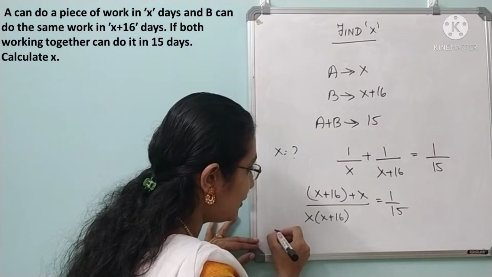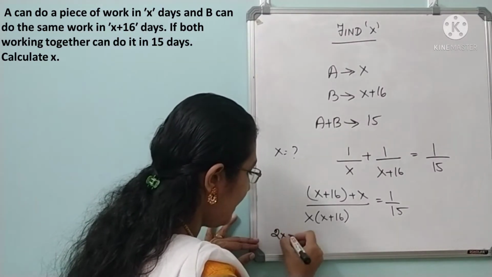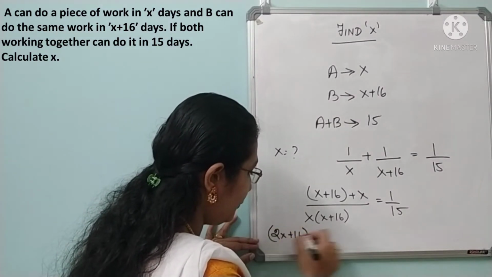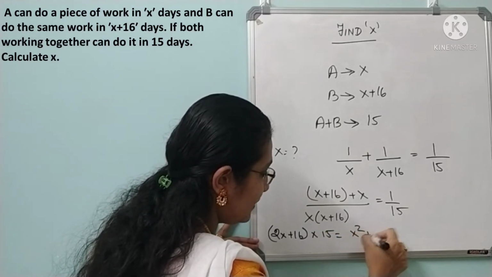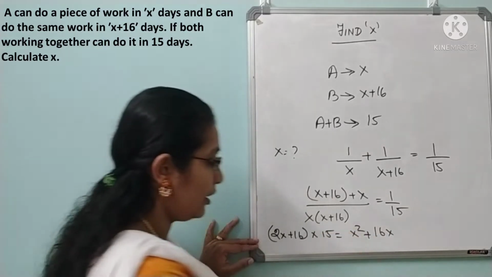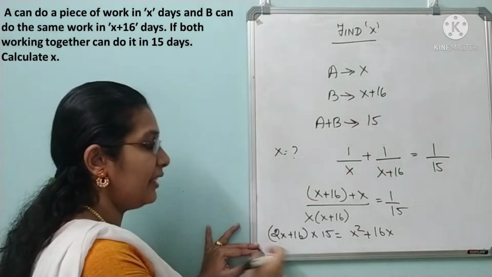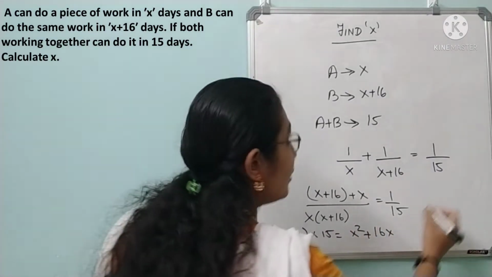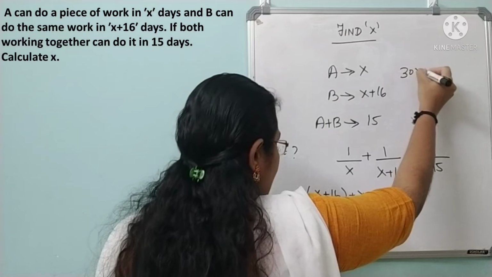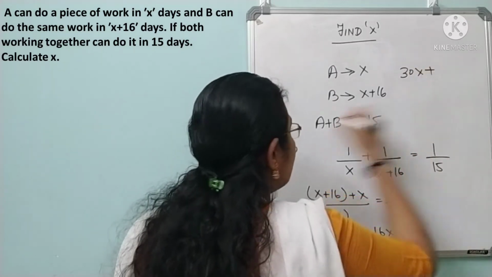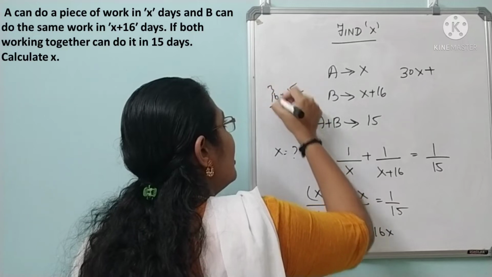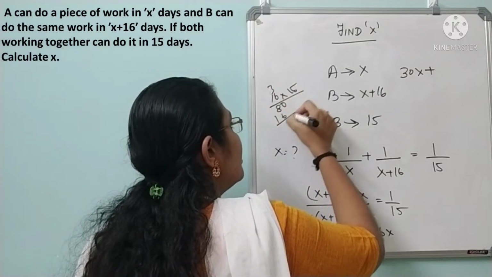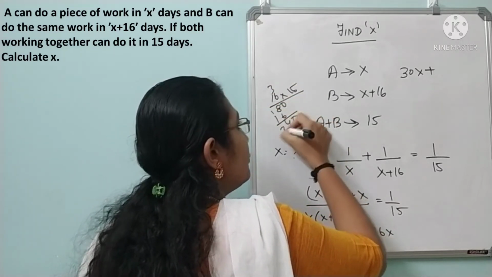So you get 2x plus 16 into 15 is equal to x square plus 16x. Correct? So now you multiply it inside. 15 2s are 30x, plus 16 into 15: 6 5s are 30, 1 carry, 15 plus 1 is 16, 240.